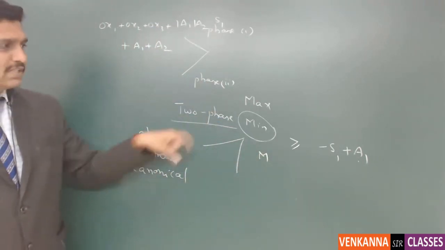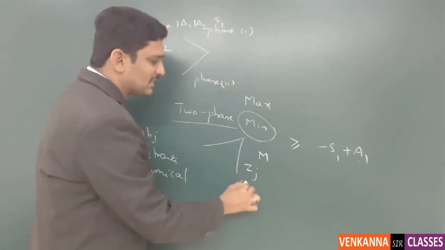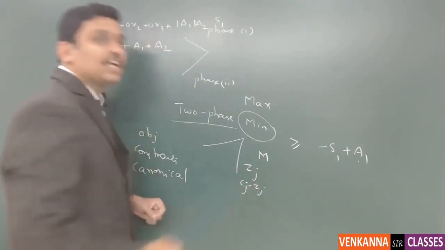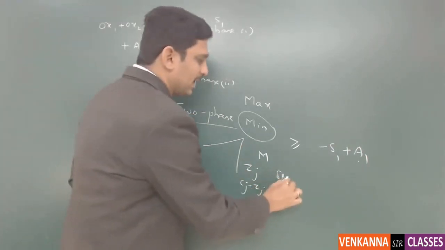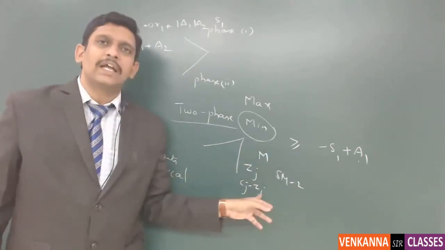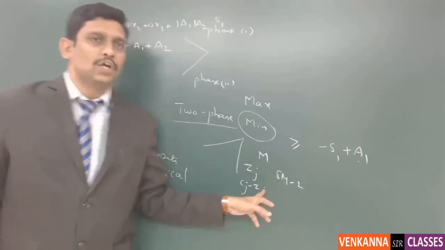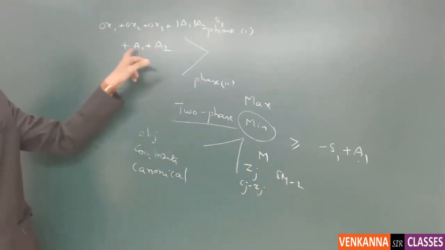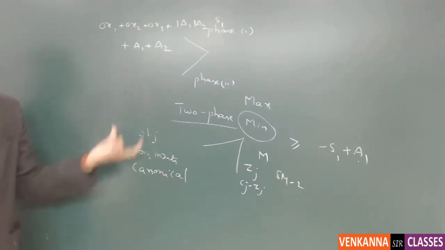So while calculating zj as well as cj minus zj in the table, you are getting the results in terms of M, like 8M minus 2, etc. This is becoming a computational hazard for us. So to avoid this, we take the coefficient here as 1. So the computation procedure will become easy.